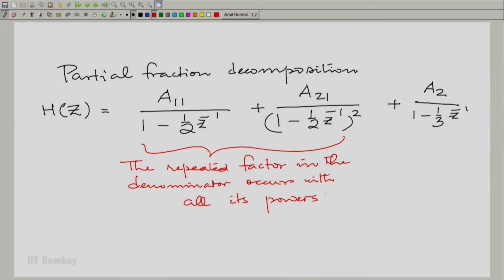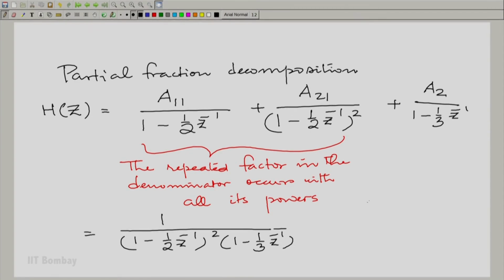So, of course, now if you wish to make a partial fraction decomposition, we must equate this to 1 by (1 minus half Z inverse) squared into (1 minus 1/3 Z inverse), and let us find the easier ones first. So, we can find A21. How do we find A21?